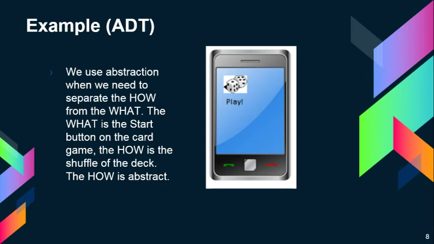If you click start, you don't need to know how the cards are shuffled or counted. All you need to do is click start and play. We don't have to know anything about how the game is launched or what internal programs are run on the phone to make it happen. All you have to do is push a button.